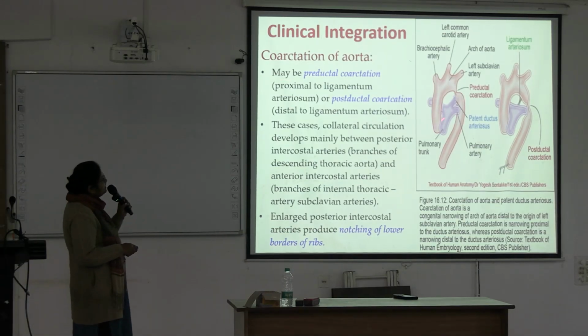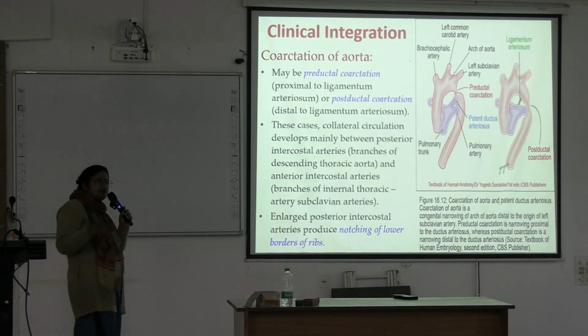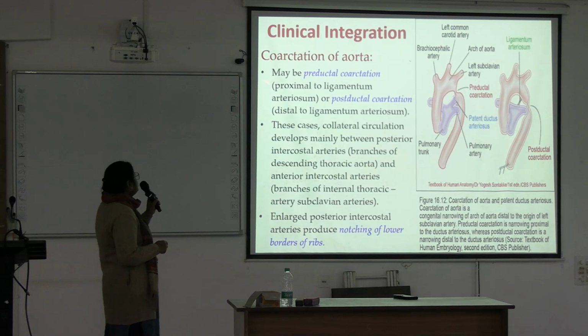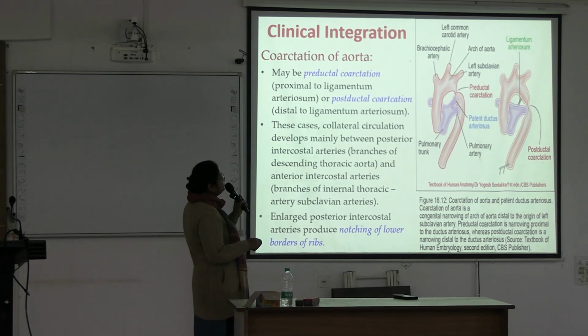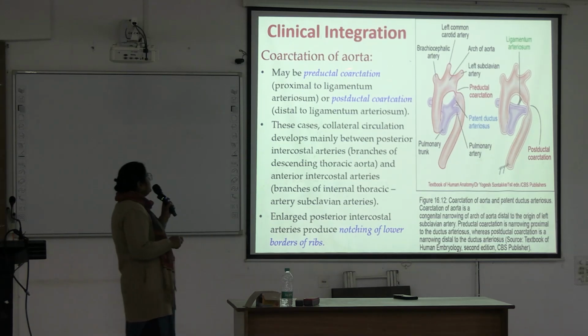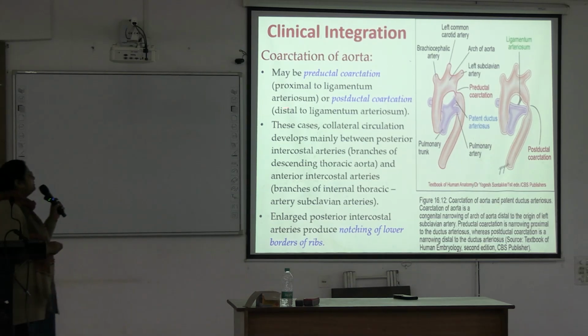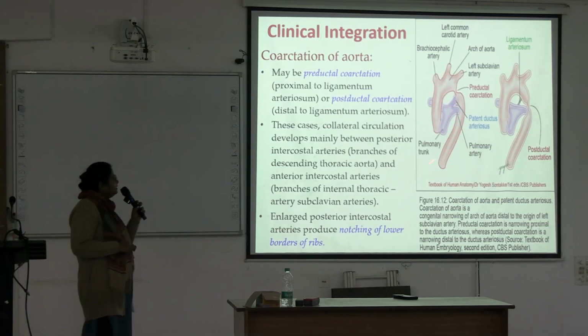Here, this is the ligamentum arteriosum, formed by obliteration of the patent ductus arteriosus, which was present in the fetus. So it may be preductal, proximal to the joining of the ligamentum arteriosum, or postductal, distal to the joining of the ligamentum arteriosum. Okay. So preductal coarctation is proximal to the ligamentum arteriosum and postductal coarctation is distal to the ligamentum arteriosum.